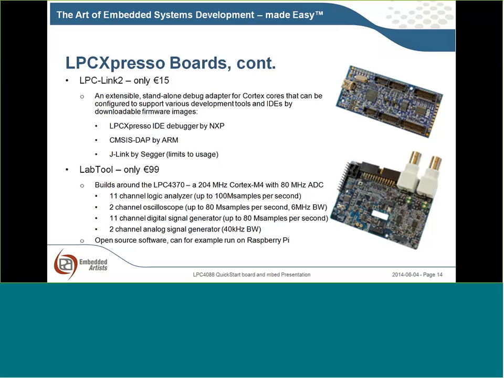But you can also, for example, download firmware to get J-Link functionality from the debugger. The best part of it all is actually that it's available for only 15 euro. So it's a very cheap debug adapter.